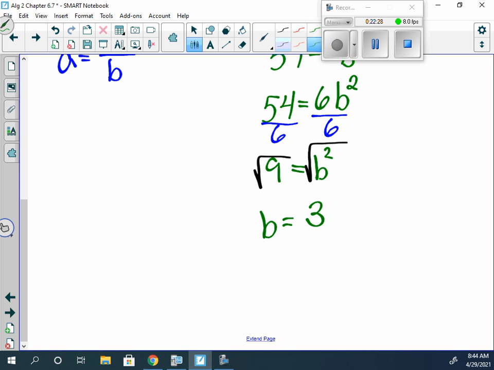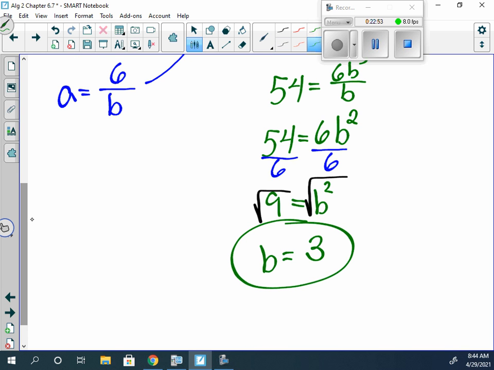Now normally we would say plus or minus, but because we know the properties of exponentials, b has to be a positive value. When we first started talking about this chapter, we saw what happens if b is negative. We get this alternating function because the values went positive, negative, as it increased. So b has to be positive. Any questions on how we found the value of b?